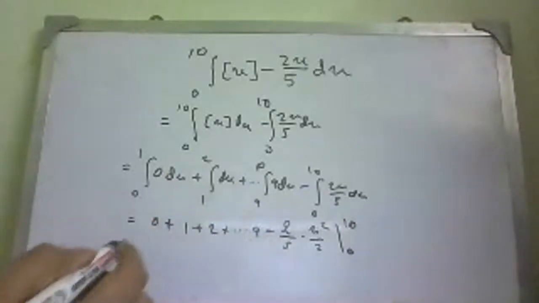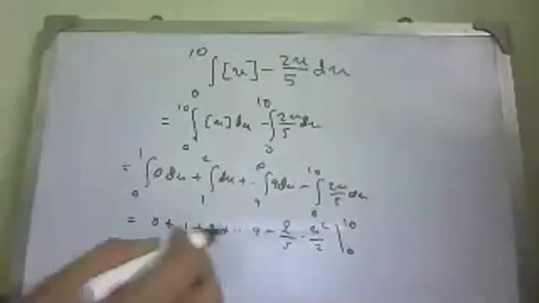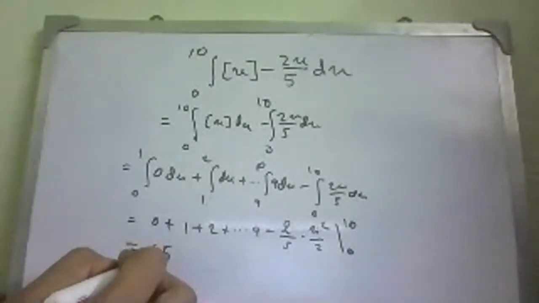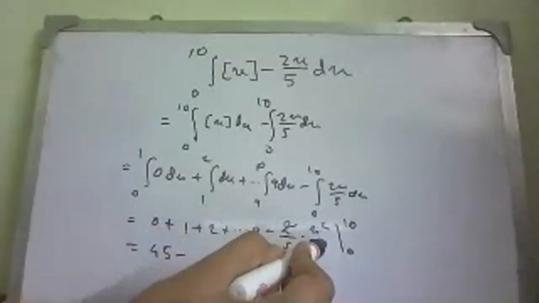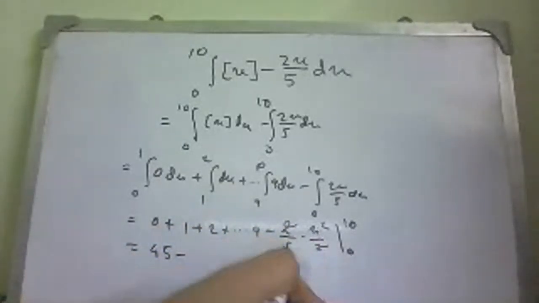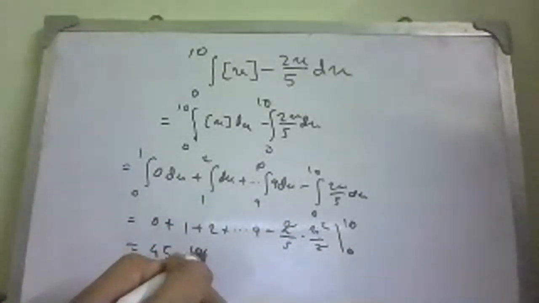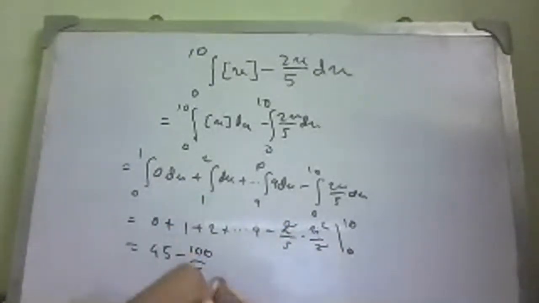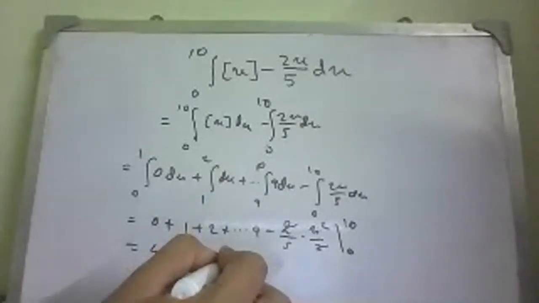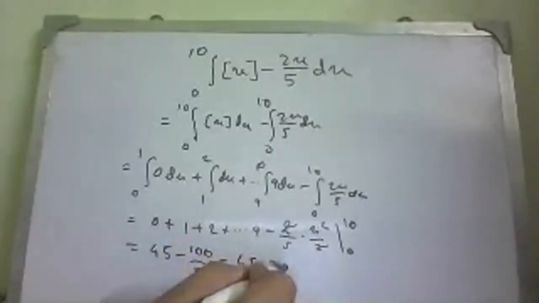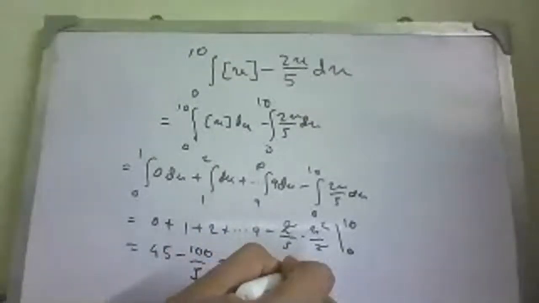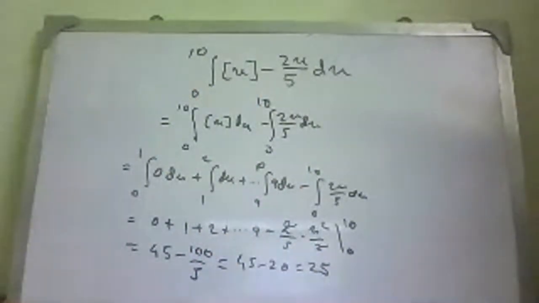If we solve this, the summation from 1 to 9 is 45. The 2 and 2 will get cancelled out. We have x squared over 5. Now if we apply the limits, we will have 100 over 5. So 100 over 5 is basically 20. So it is 45 minus 20, which is 25.